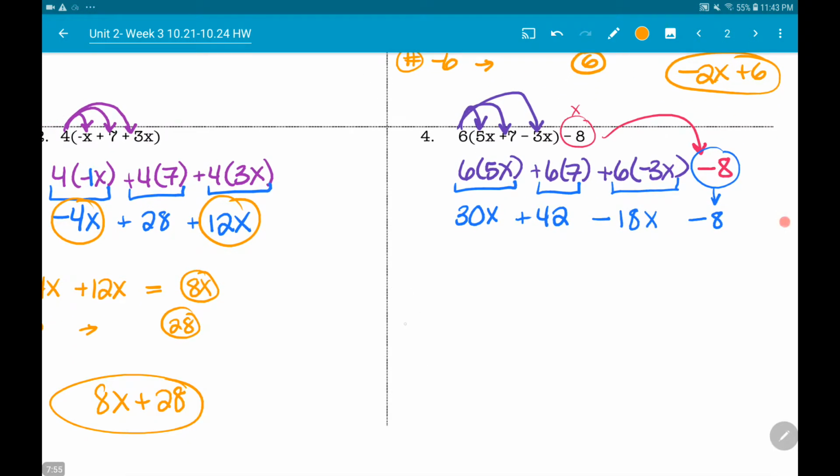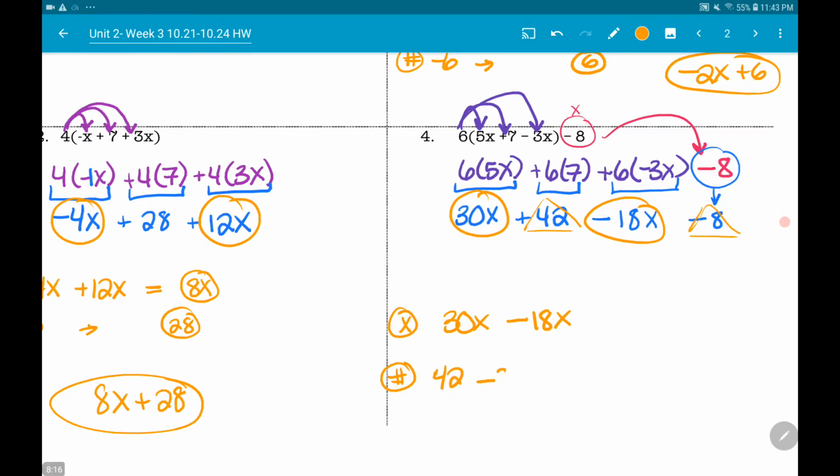Last one. I have to simplify again. I have an x group and a number group. So in my x group, I have 30x minus 18x. And then in my number group, I have +42 and -8.